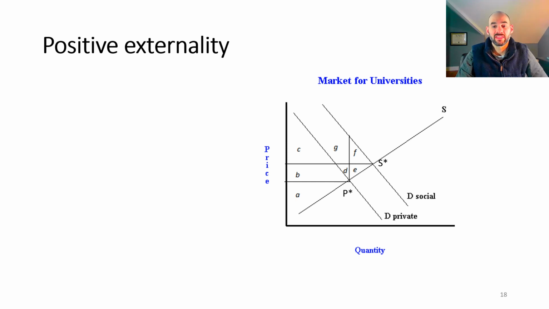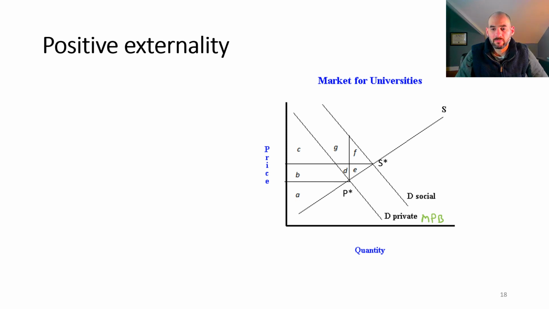So in this case, we're going to be thinking about the market for college education or universities. And we're going to have three curves. We're going to assume that the externality of education is constant, that it's linear and flat, that we have a marginal private benefit, that is the original demand curve.